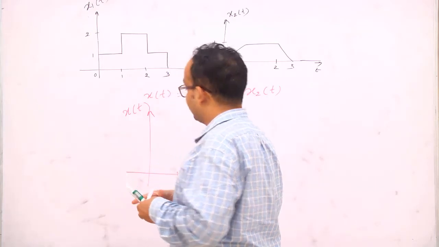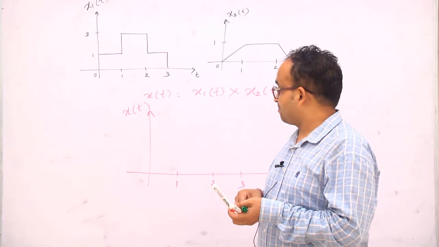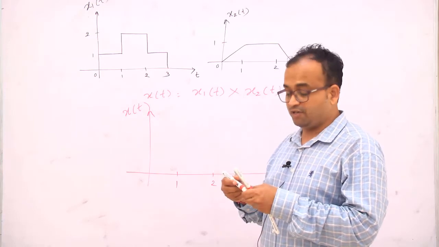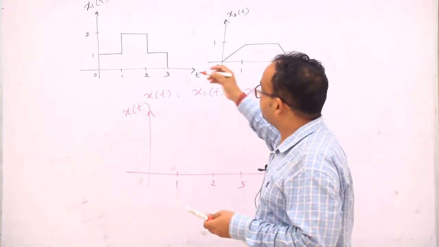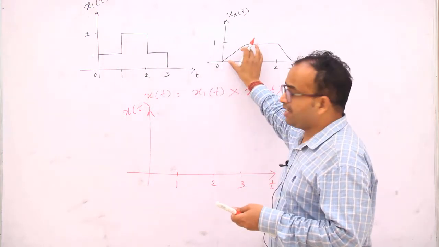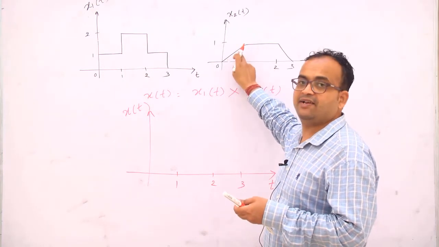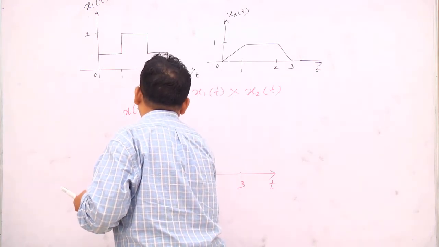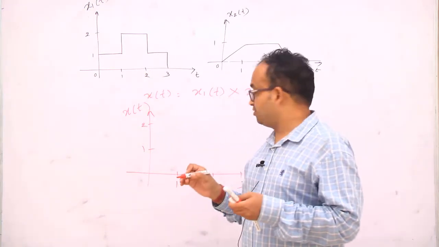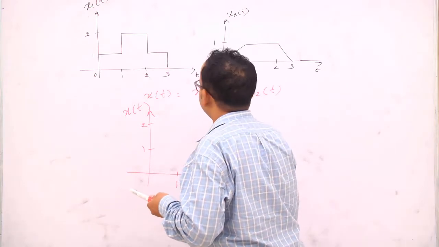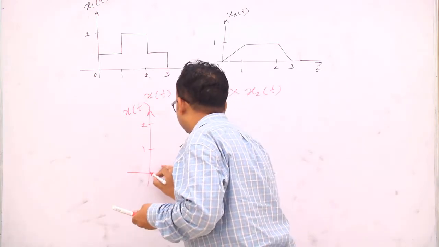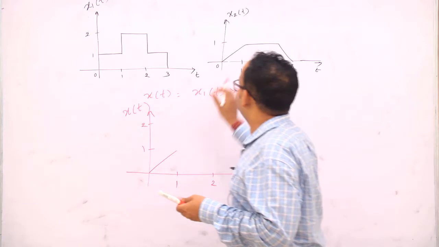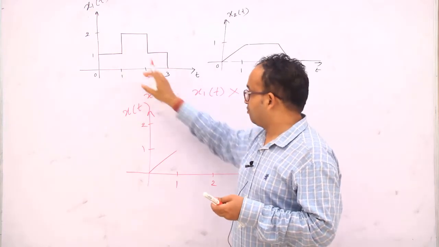I can take the 3 instants here. After taking the 3 instants, I can multiply. Now see, 1 into any value will be that value only. So we can write 2 levels of amplitudes. The same ramp signal into 1 will be the ramp signal.